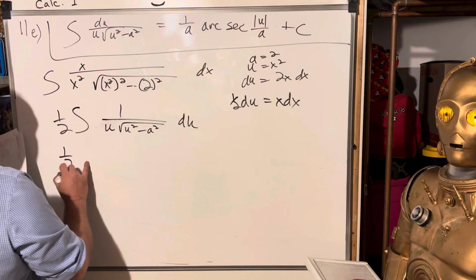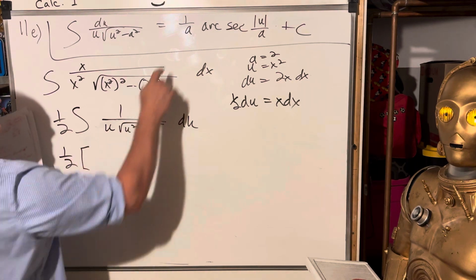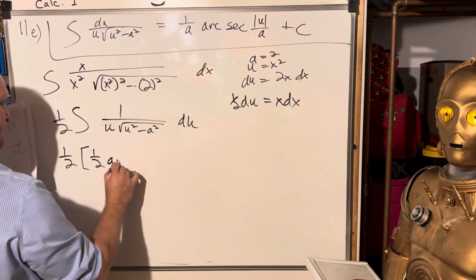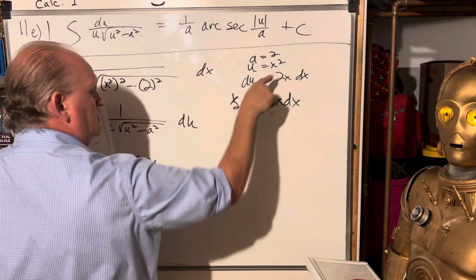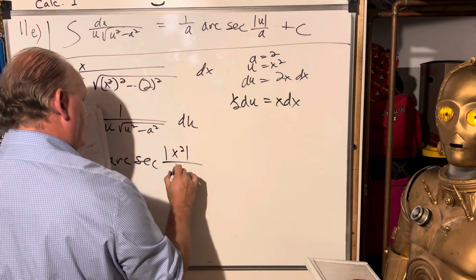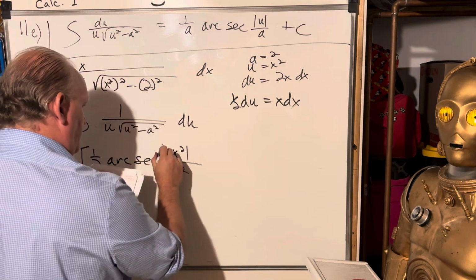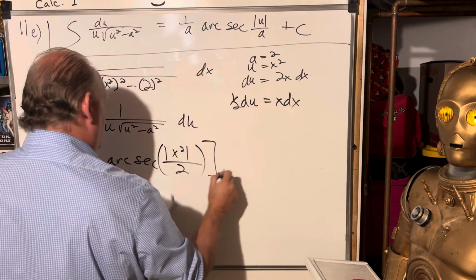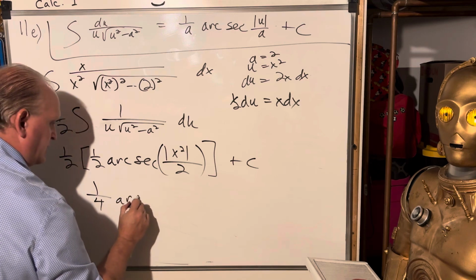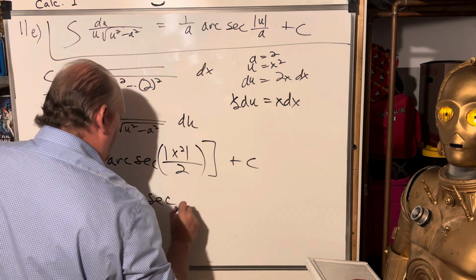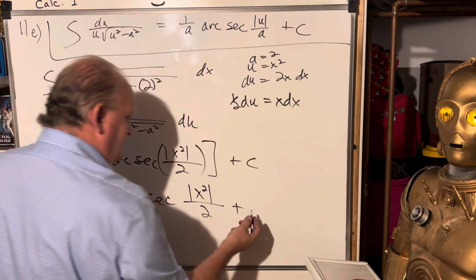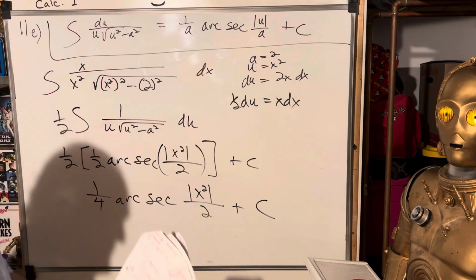So we got 1/2 times 1 over 2, so another 1/2, arc secant, u, absolute value of x squared over a, 2, plus c. And so we can make it 1/4 arc secant of, and again, leave the absolute value on there, but in the future, it's x squared. It's going to be positive. That forces a positive no matter what.